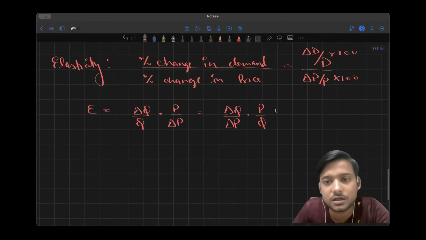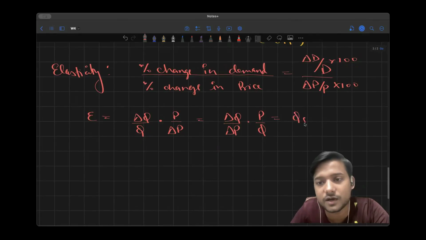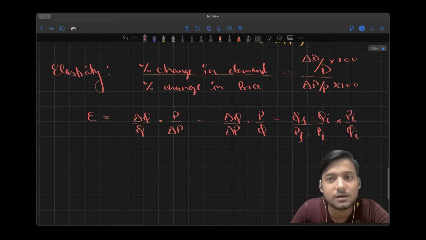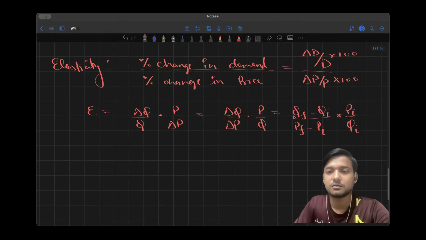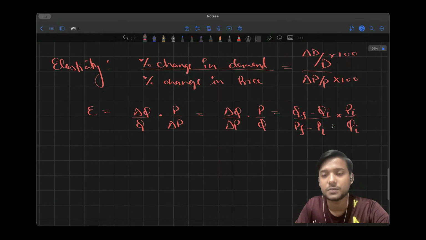And you can again write it like Q final minus Q initial upon P final minus P initial into P initial divided by Q initial. So this is very important. What is my elasticity, right? Q final minus Q initial divided by Q initial, and then the whole thing divided by P final minus P initial divided by P initial. So this is what you have here.